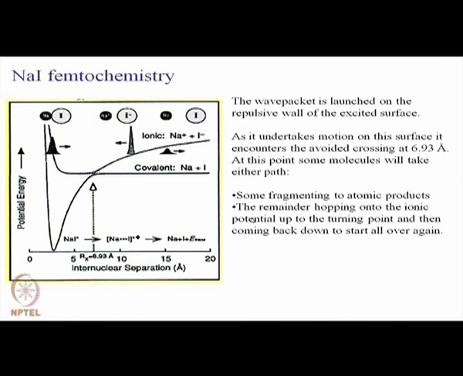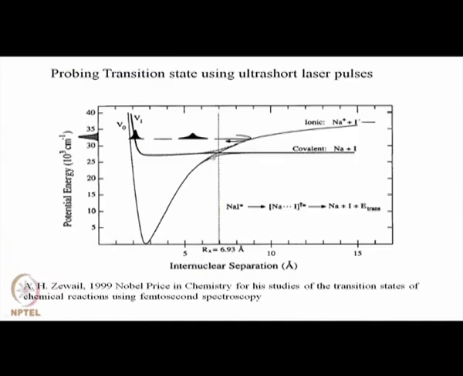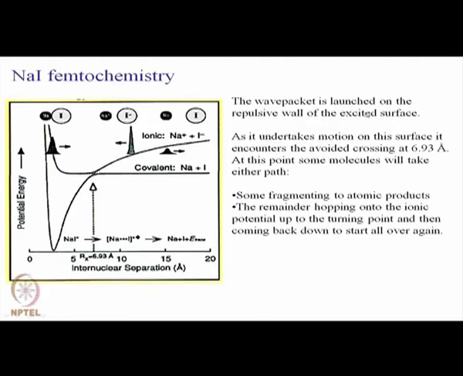Okay. Now, what is this sodium iodide femtochemistry? First, as I told you, there is an overlap, I mean a crossing. So, maybe you generate your wave packet somewhere over here, on the covalent surface. The wave packet is launched on the repulsive wall of the excited surface somewhere over here.